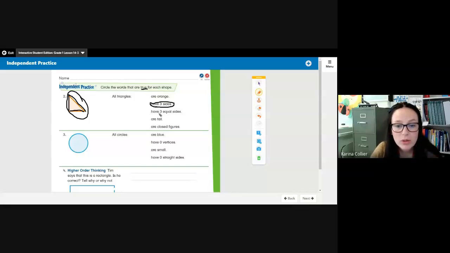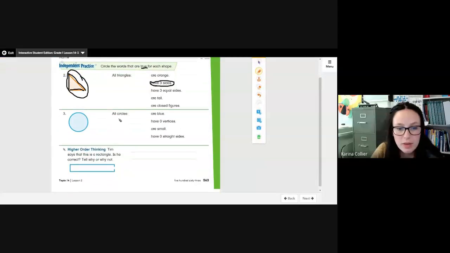So now you are going to go through these statements and circle which ones are true. And you will also do that for circles. So this says all circles are blue, have 0 vertices, are small, have 0 straight sides. So you're going to circle which ones are true for each shape.